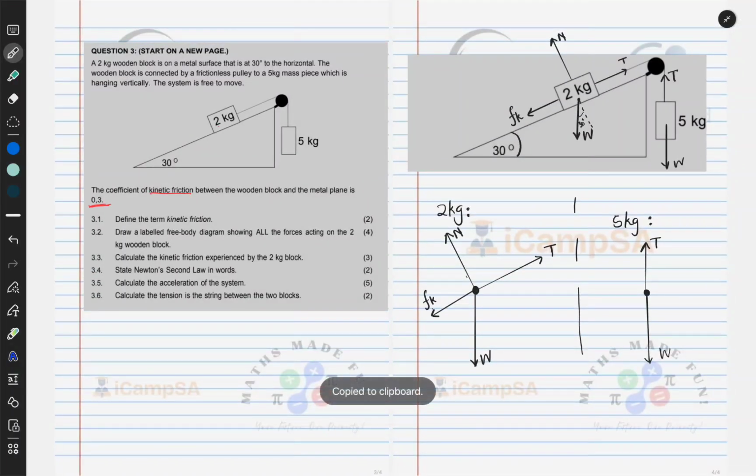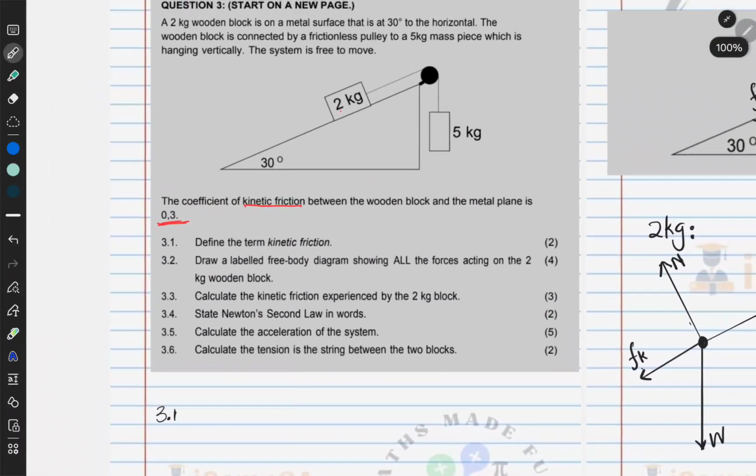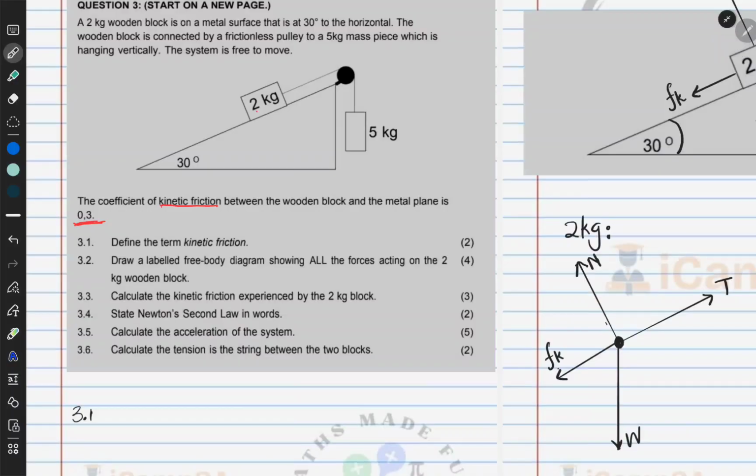The first question that we are asked is, define the term kinetic friction. Kinetic friction is essentially, if you remember, we said it only exists once an object is moving and it's in motion, or it's sliding against a surface, or 2 surfaces are moving relative to one another.